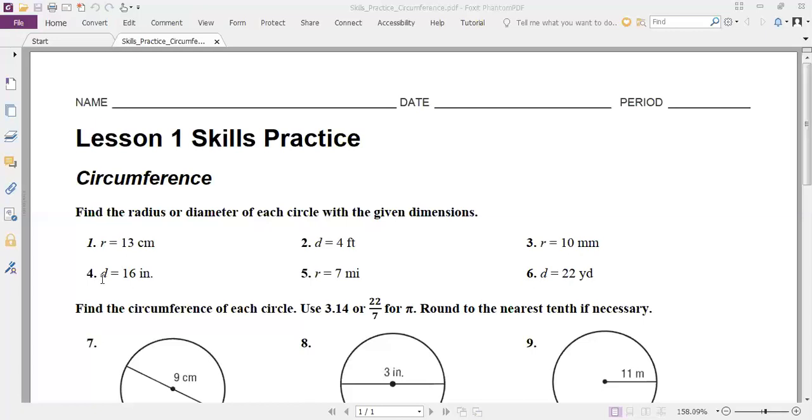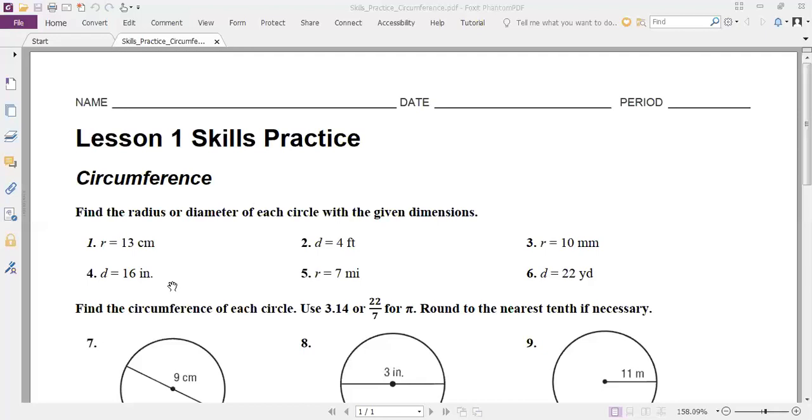If the diameter is equal to 16, what happens in this case? The diameter is 16, Yazid. I need the radius. What do we do? If I have the diameter, Yazid, what will we do?